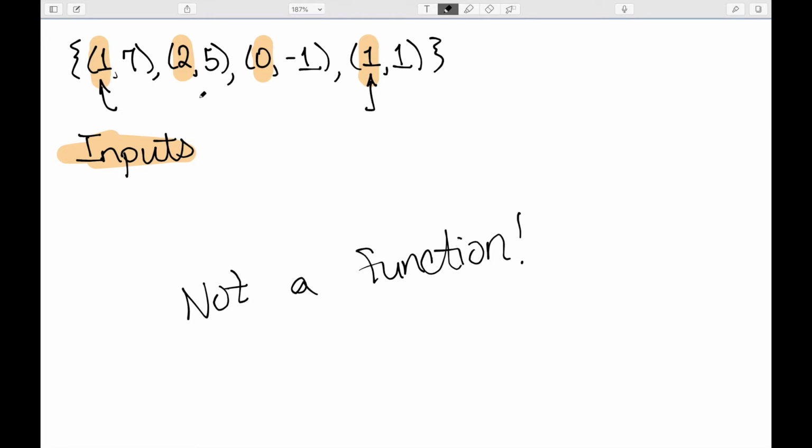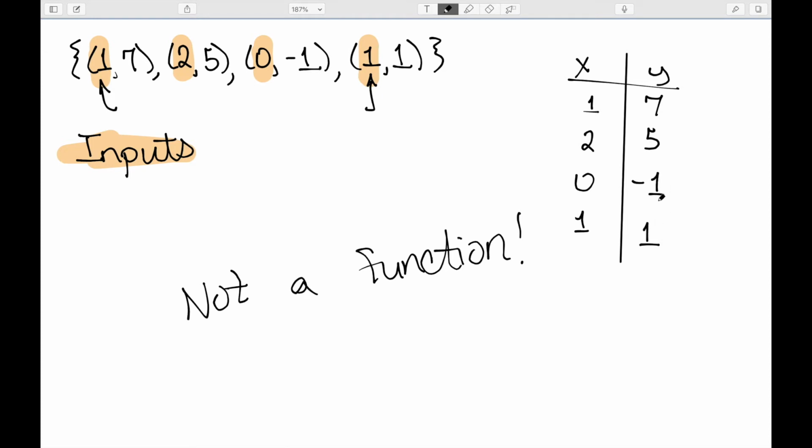Inputting 1 gives me an output of 7 as well as an output of 1. So in this case, whenever I list my ordered pairs, whether they're in this form, or I could have also listed these in a table like this, the main thing is the inputs, the first coordinates, the x values, need to all be different. In this case, I have some repeats in the first coordinate, so not a function.